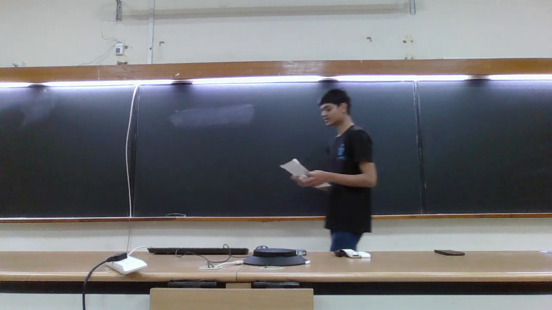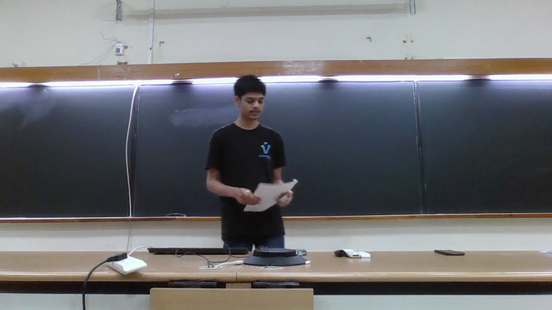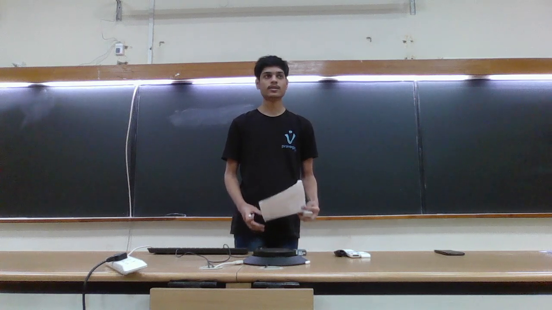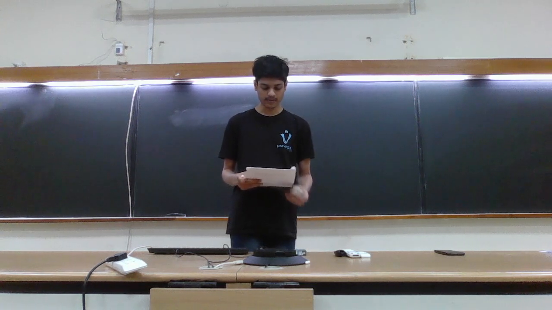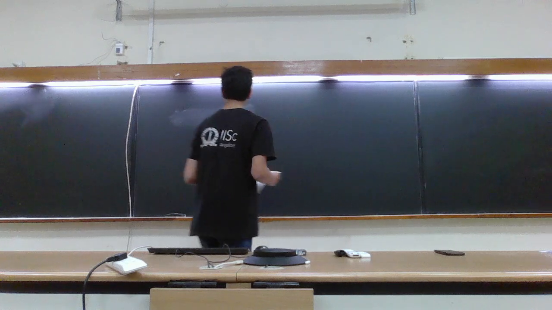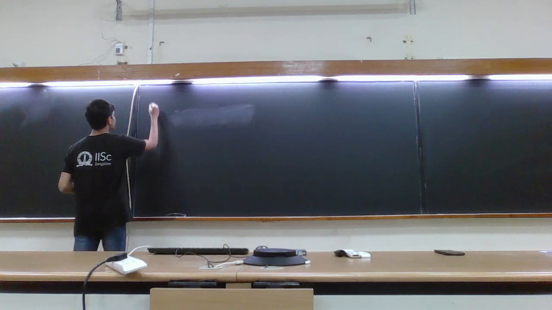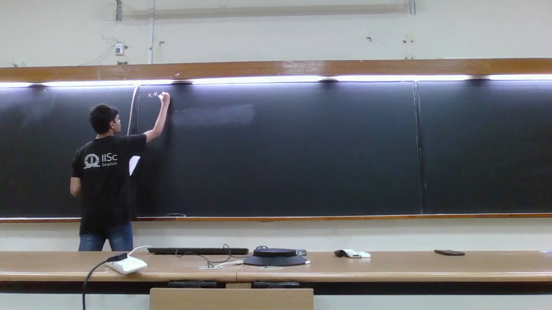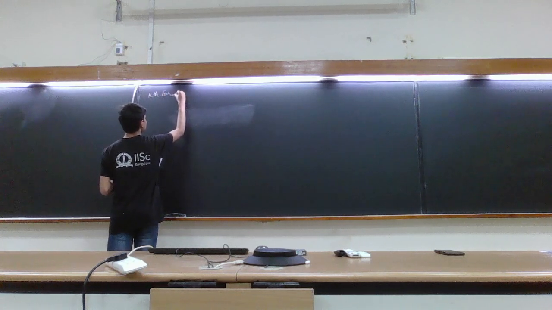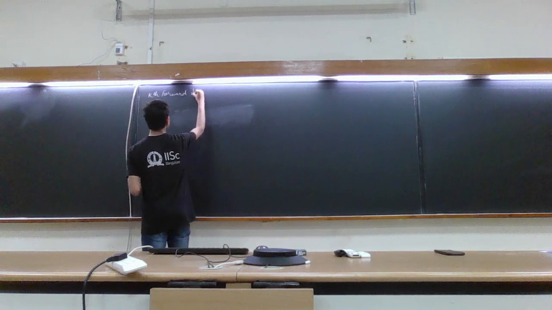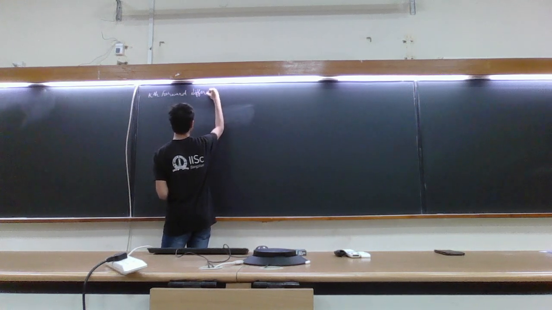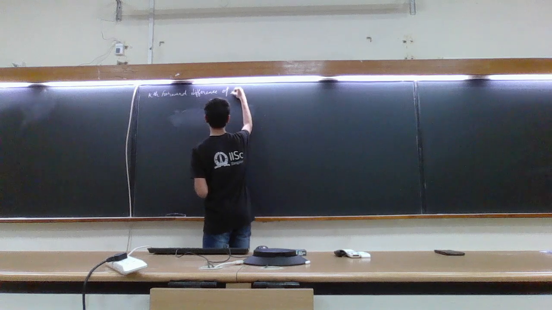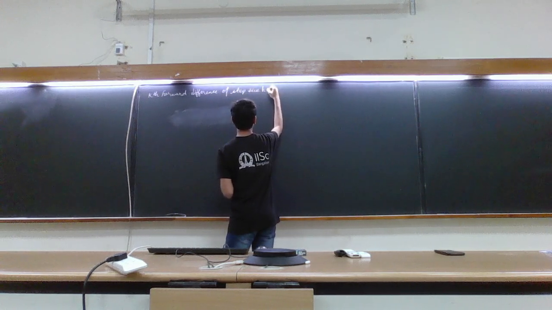Thank you. So first we'll make a few definitions because the theorem itself requires you to know some definitions. We start with defining the kth forward difference of step size h.